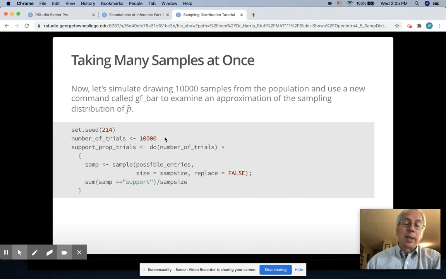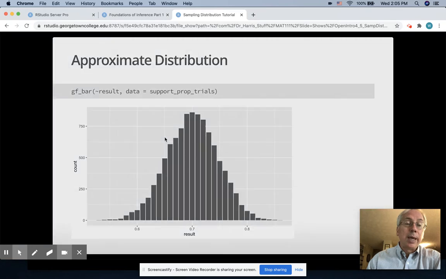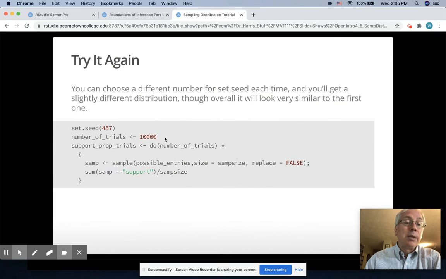And so what this does is it allows me to generate a different set of random samples each time. And so I'm going to perform this again with a different seed. I'm going to use seed 457 rather than seed 214. But I'm running the exact same code except for the place where I'm starting to draw my random numbers from via the computer. And so I'm going to get a different set of 10,000 samples.